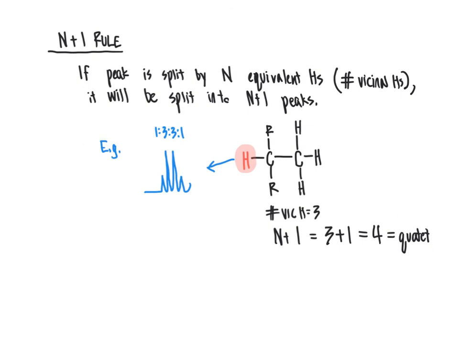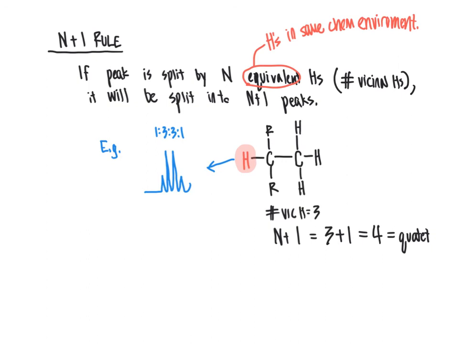And keep in mind with this that the rule relies upon the protons being equivalent. Equivalent means that the protons are in the exact same chemical environment. It means that the protons have to be totally interchangeable with one another, meaning that generally they are freely rotatable.